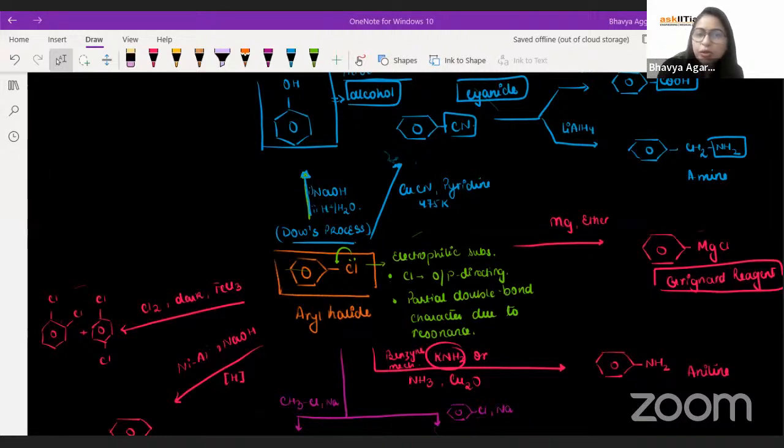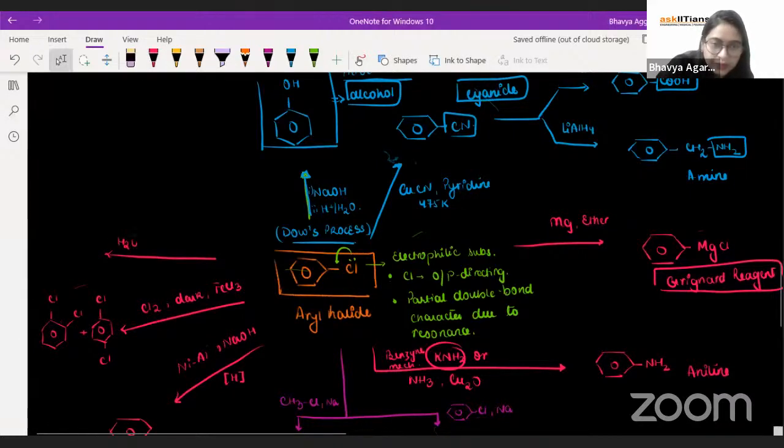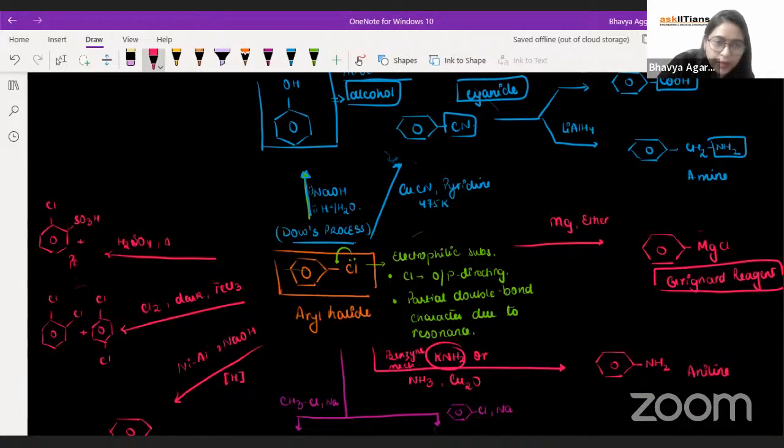If you're treating it with a nitrating agent, there will be a nitro group coming. If you're treating it with sulfuric acid, it's an SO3H group coming, plus para product.